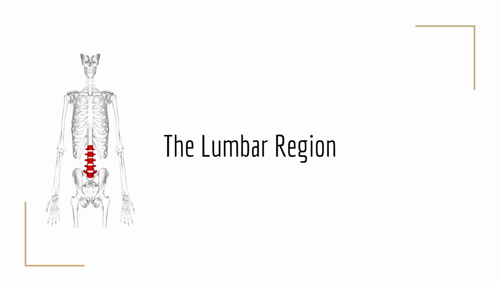The lumbar region is also known as L1 through L5. These are known as the lower back area of the spine that extends from below the rib cage to the sacrum.